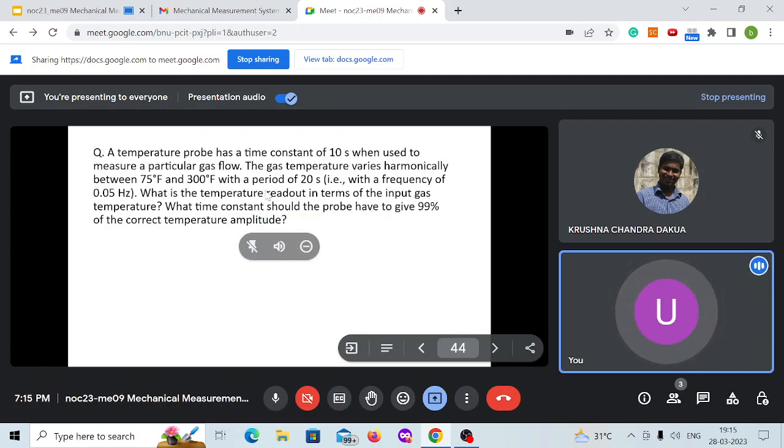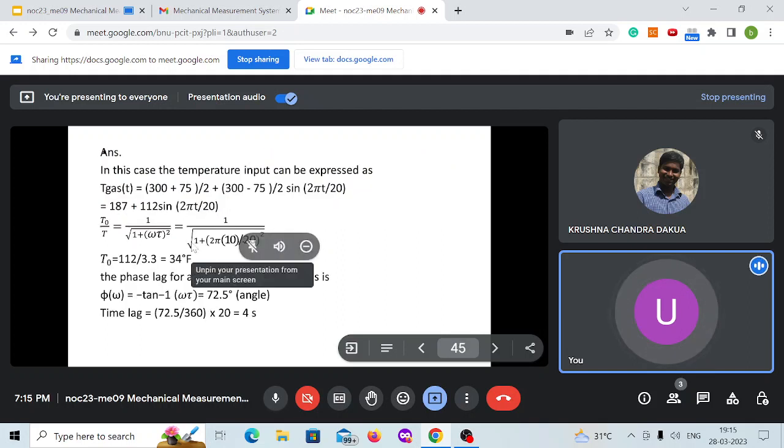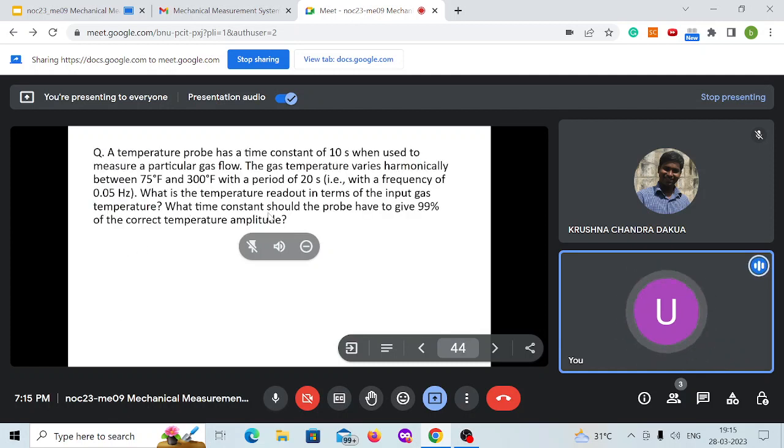So we have found out the temperature readout in terms of the input gas temperature. So this is 34 degree Fahrenheit plus the mean 187, that is, 187 plus 34, will be the temperature shown. The next question was, what time constant should the probe have to give 99% of the correct temperature?